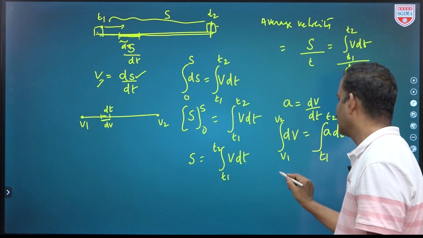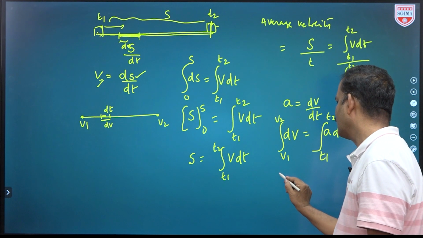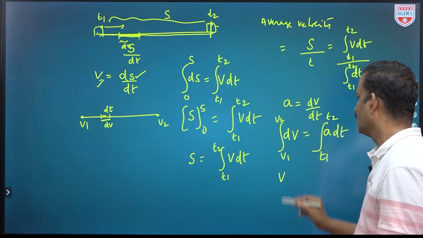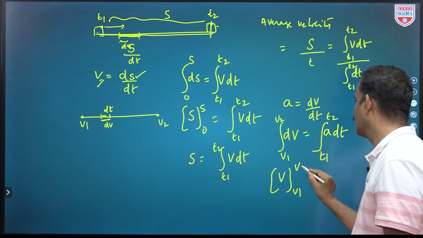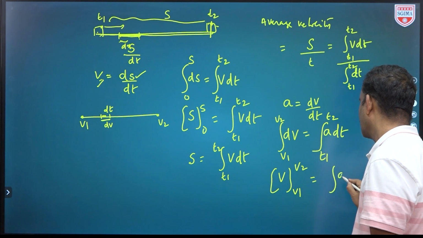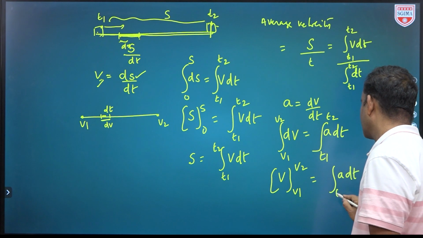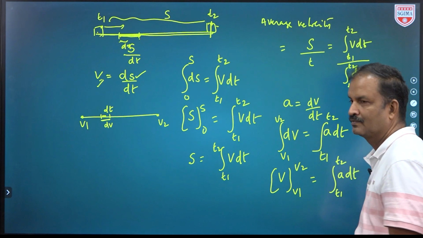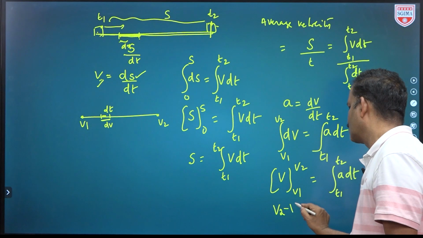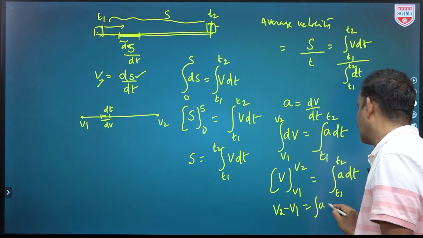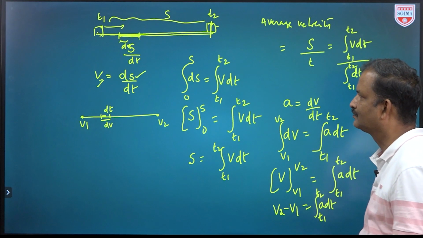Then the integration of dv is v. Limits you have to apply, v1 to v2, is equal to integral of a dt. Integration limits are t1 to t2. Then you will get v2 minus v1 is equal to integral of a dt, with integration limits t1 to t2.